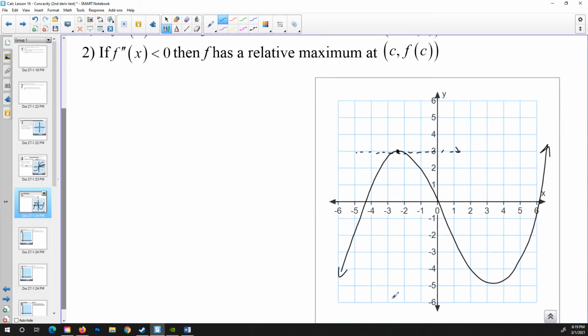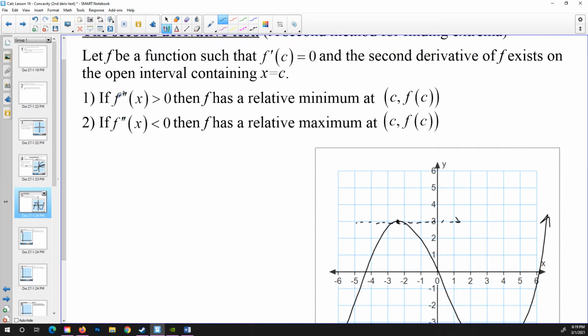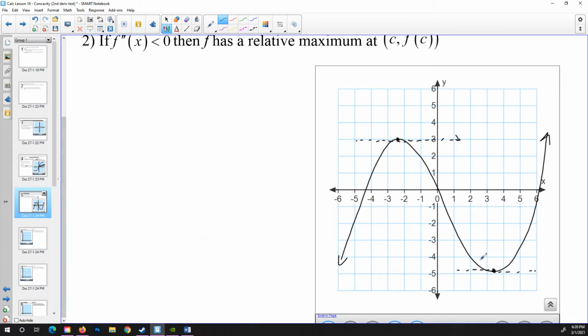And again, right here, we have another point where that first derivative is equal to 0. Now, it says if the second derivative of x is greater than 0, so concave up, then we know that we have a relative minimum. So look here. Here, the function is concave up. We have a relative minimum.